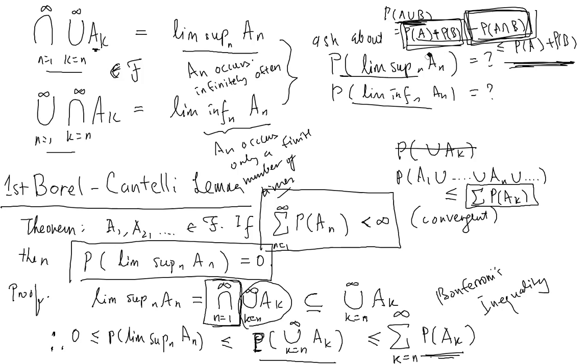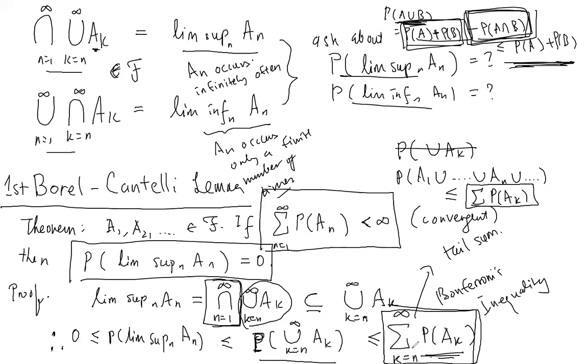All right. So once you have got that, this is where it comes in. You see that this is a sum. This is what we call a tail sum, the tail sum of P of Ak, because you are starting from k equals n, and n is some number, can be 10, can be 100, whatever.